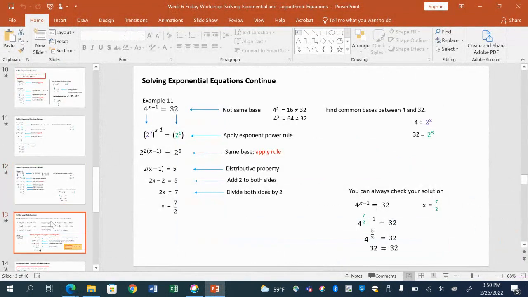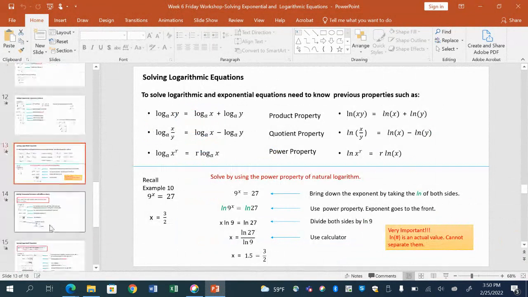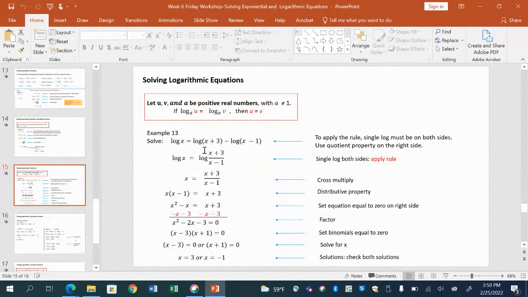No, example 11. Here we go, this one here. Is that the one? Let me see the chat here. Is this the one that you were asking? Yeah, it is. I just didn't get the last part.